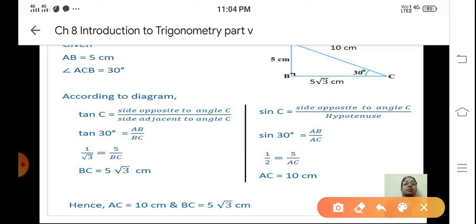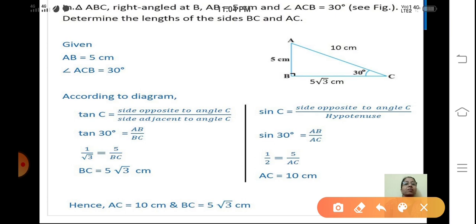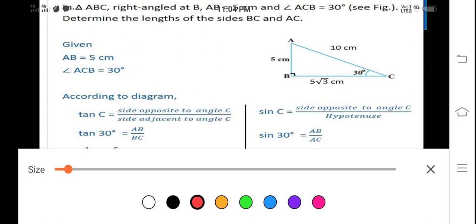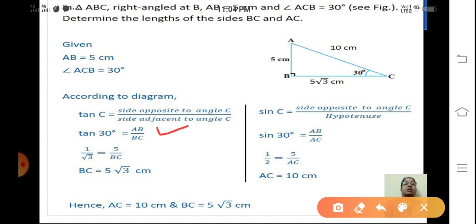So this is this step, right? Now substitute the value of tan 30. Tan 30 is 1 upon root 3 is equal to AB. AB is how much? AB is equal to 5 centimeters.